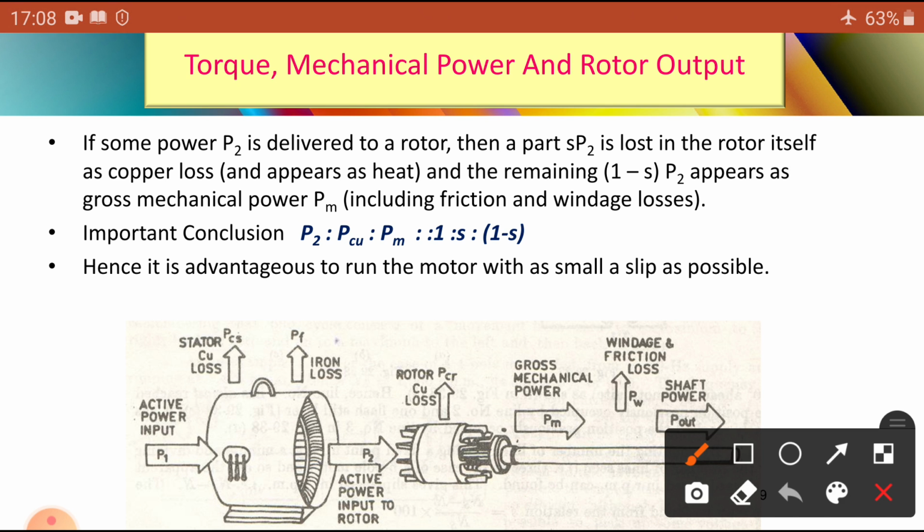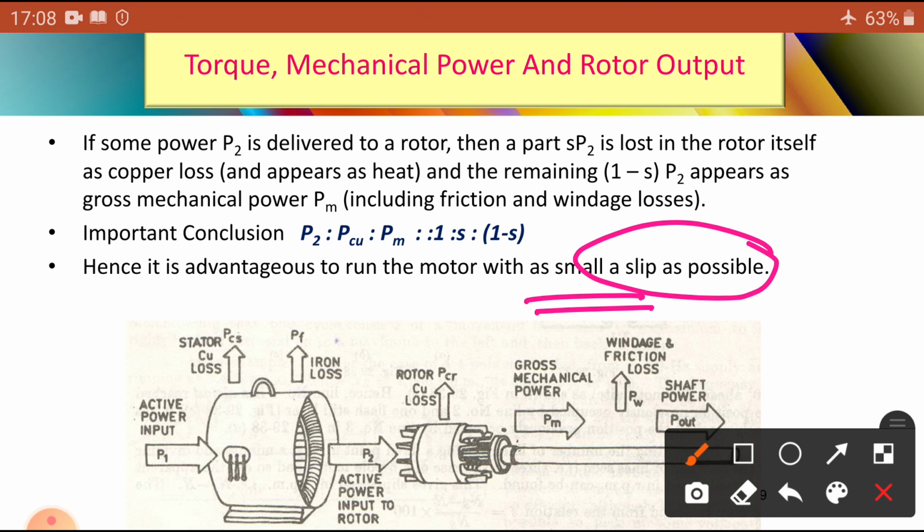Our aim is to keep the slip very low. Initially the slip is equal to 1, and under running condition the slip should be the minimum. That's why we run it with as small a slip value as possible.